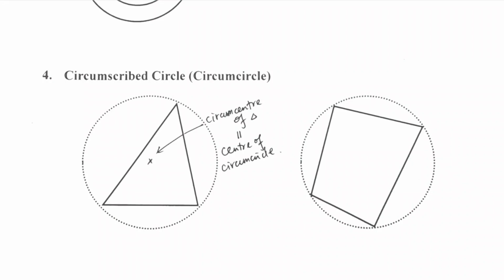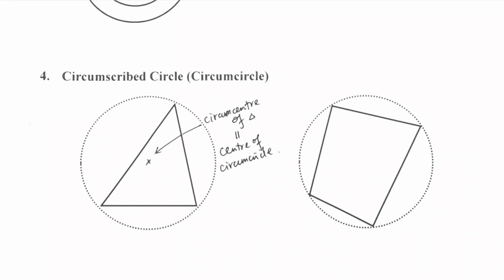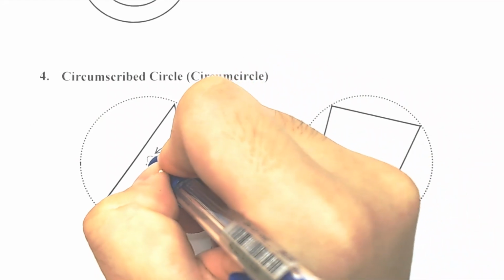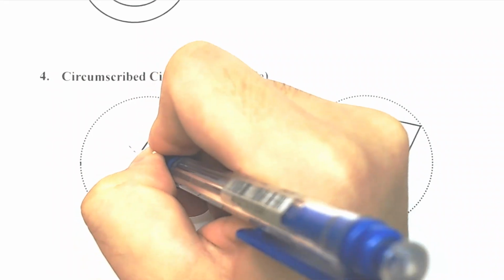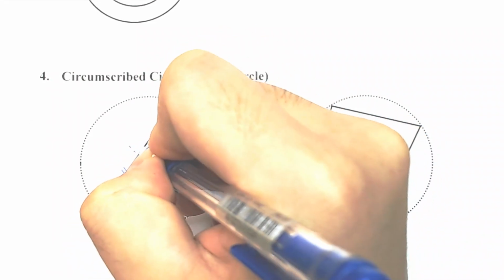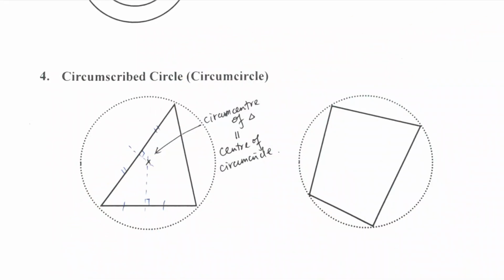And you may think of some more properties you have learned. You have learned two things. One is the formation of this center. We use the perpendicular bisector. Okay, this is the first property.